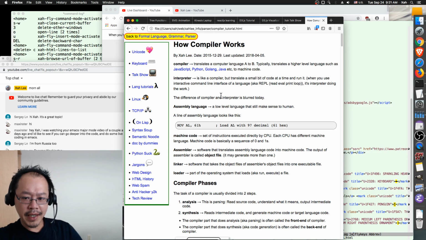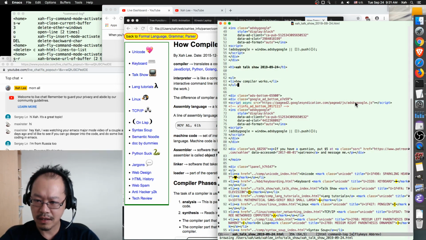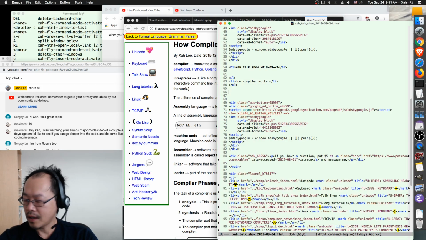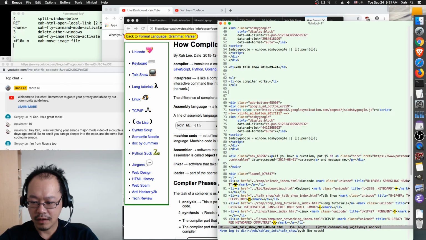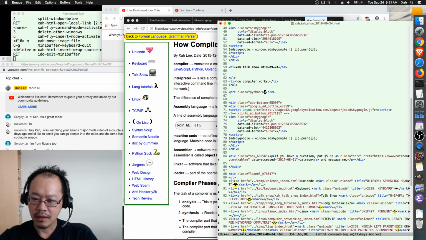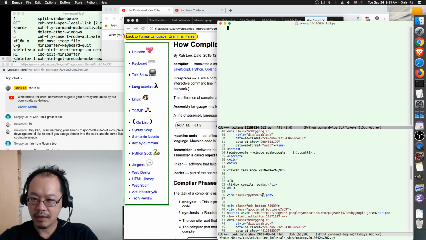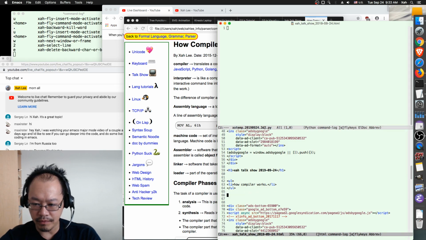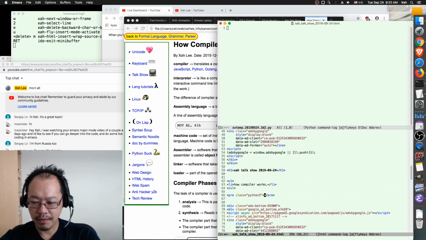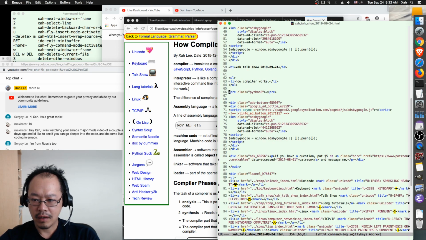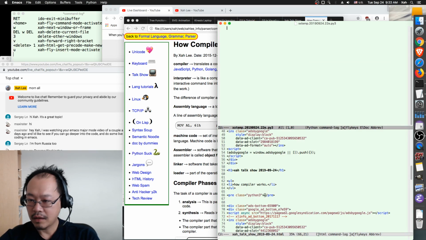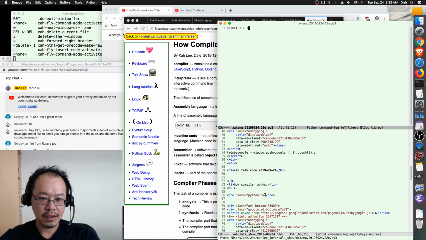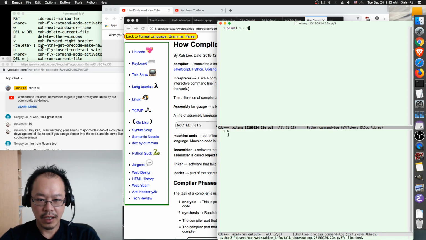So compiler, what is compiler? Let's start with Python. Let's say Python 3. Open a new shell, new buffer, 1 plus 3, that's Python code, run it, and we got 4.